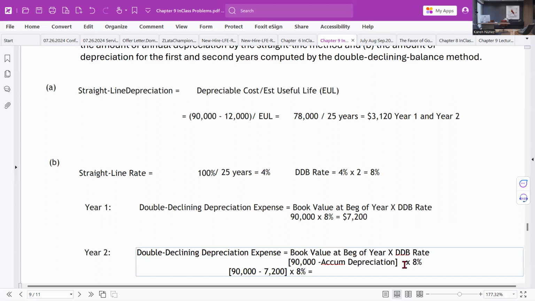So we essentially here have 82,800 times 8%, which in year 2 is 6,624.